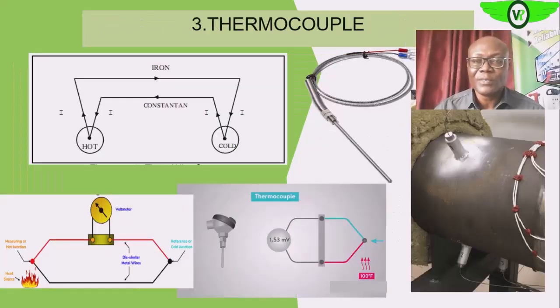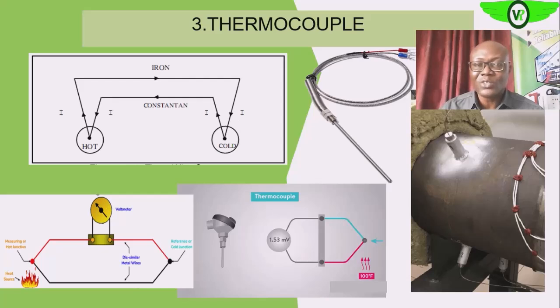The other temperature sensor that we are going to be looking at is the thermocouple, which is very common in the process industry. I think it is the most popular. Like the bimetallic strip that we saw the other time, they are made of two dissimilar metals too. When you join these two dissimilar metals at both ends and subject those two ends to different temperatures, because of that difference in temperature, electrical charges will be made to flow.